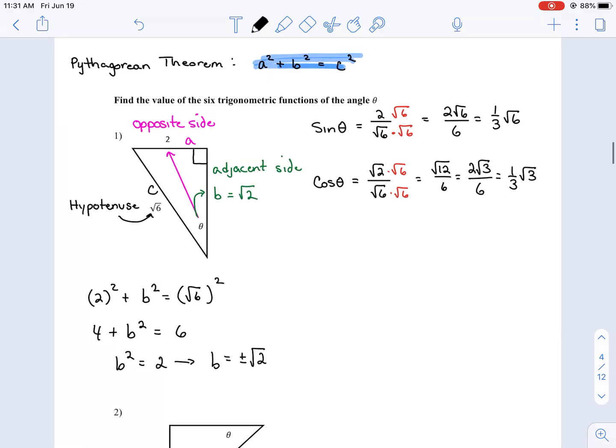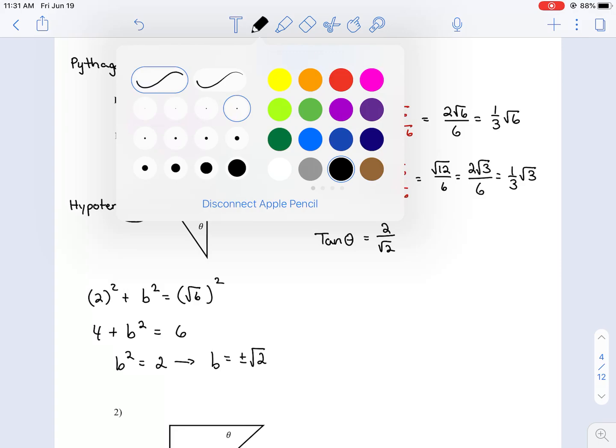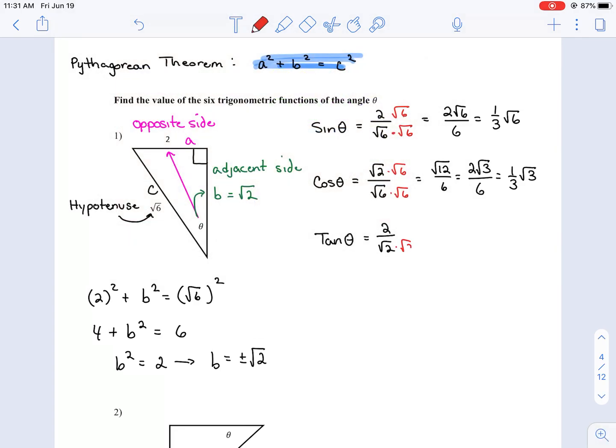Now we want to do the tangent of theta. Tangent is the opposite side divided by the adjacent side. So that would be 2 divided by the square root of 2. And that is the square root of 2.